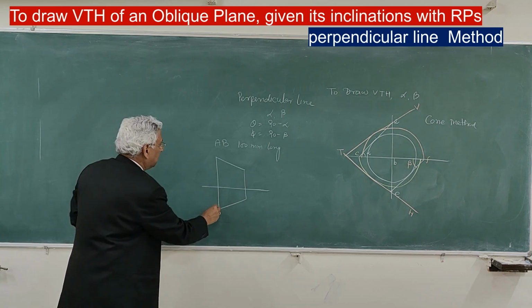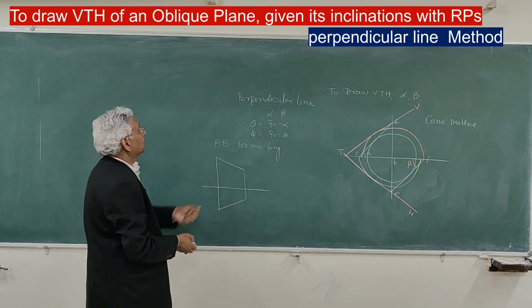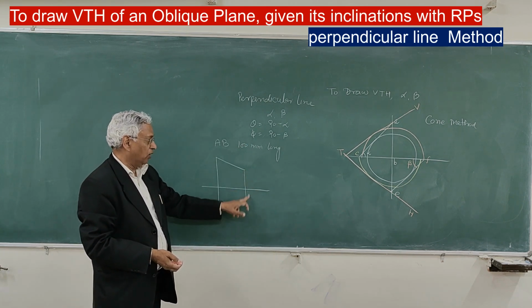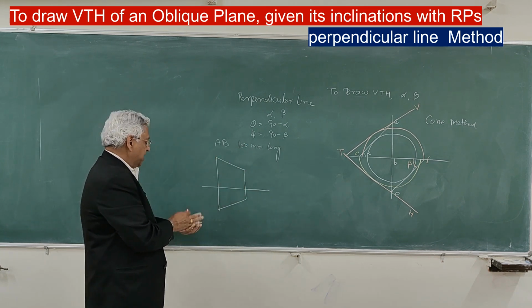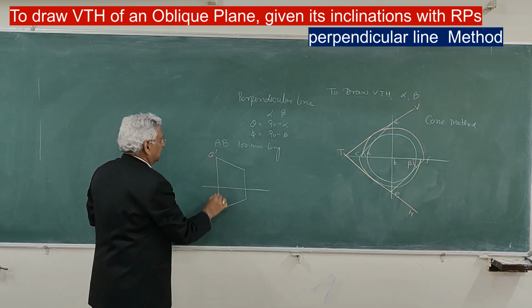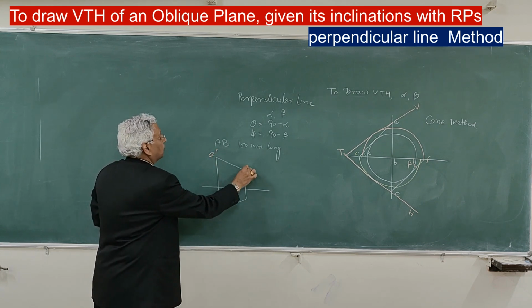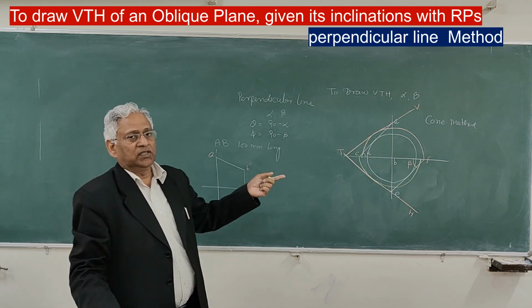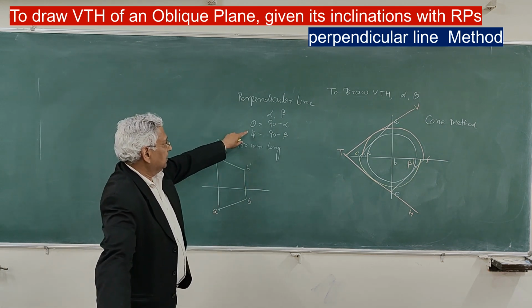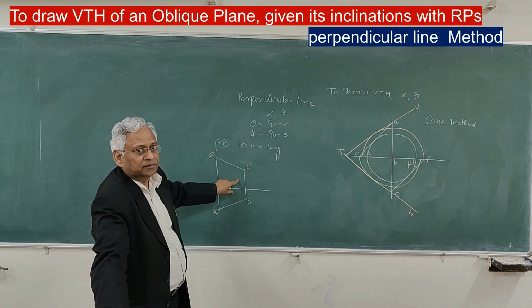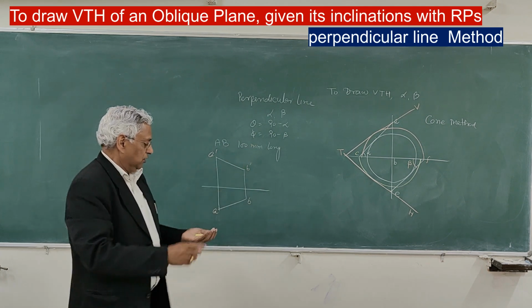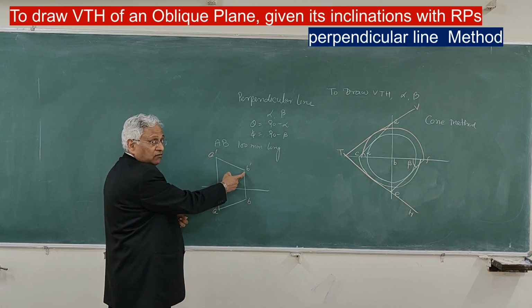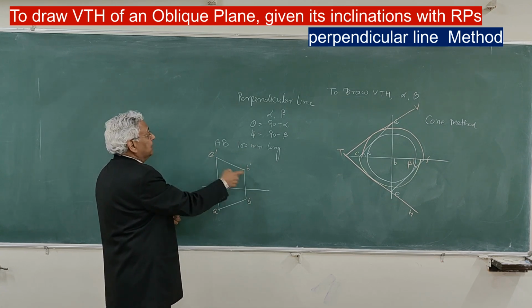Because angle does not depend upon the length, you can take any length. And you can also take the first point A at any height, any distance from the vertical plane and horizontal plane. And let us say you get the projection of this line, which is inclined at theta and phi to the reference planes. Now, you draw a line perpendicular to the elevation, at any point.